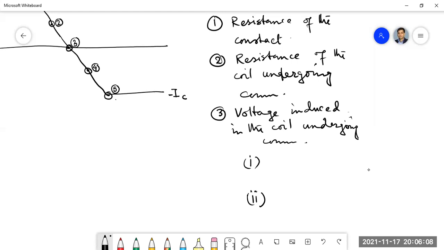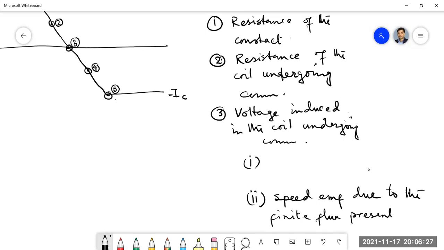So this is called the speed EMF due to the finite flux present in the commutation zone. Another reason is the transformer EMF, and that is due to the inductance that we are not considering.